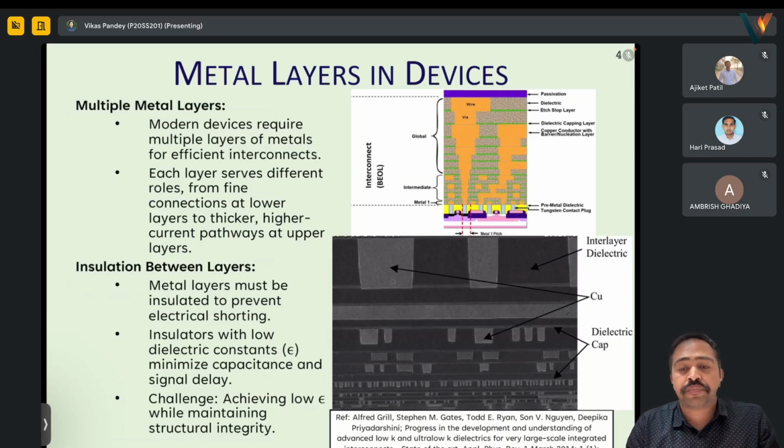What we have discussed till now is silicon dioxide, that was oxide. We have discussed depositing different kinds of layers, and in deposition we discussed CVD and PVD, two different ways. ALD was part of CVD, but a different way.